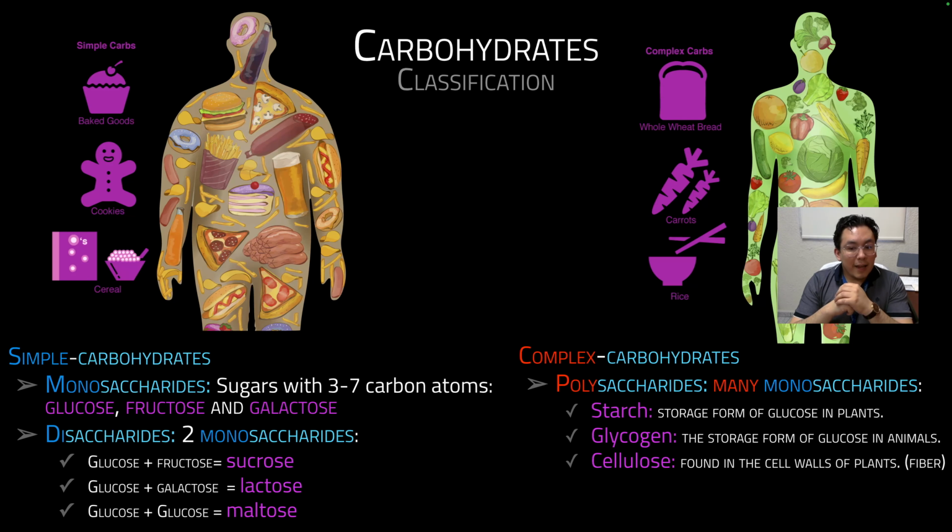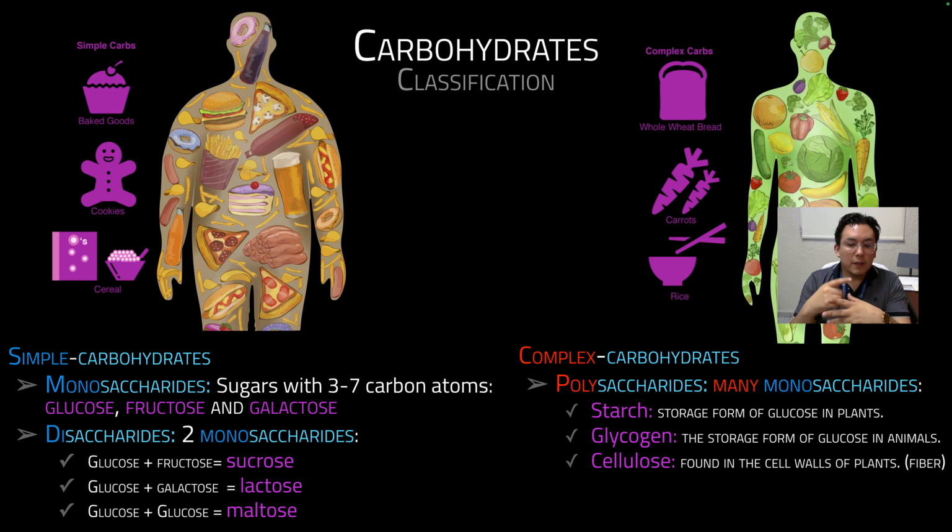Starch and glycogen also have something in common. Both of them keep glucose, the other monosaccharide, in storage, but they're present in different organisms. Starch and glycogen have the same function of storage of glucose.